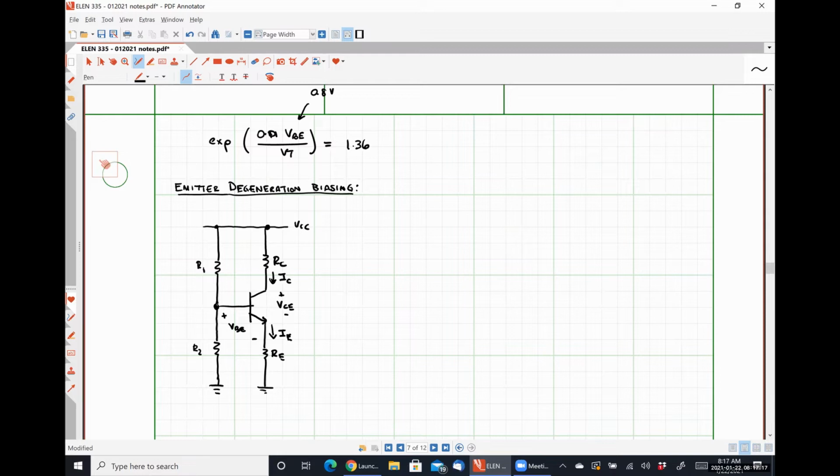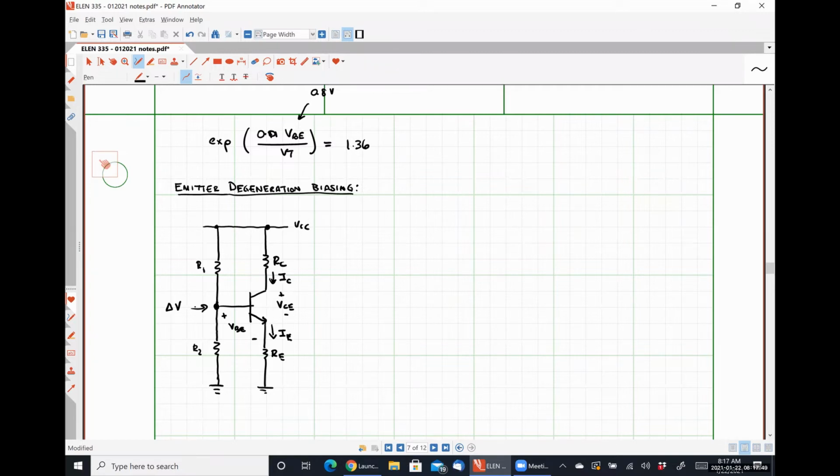So if we see some small change in the voltage here, so let's say that we apply some voltage delta V here due to, say, a resistor mismatch or something like that, a portion of that change in voltage is going to occur across the base emitter voltage, so the forward bias of that diode, but a larger portion is going to fall across that resistor RE.